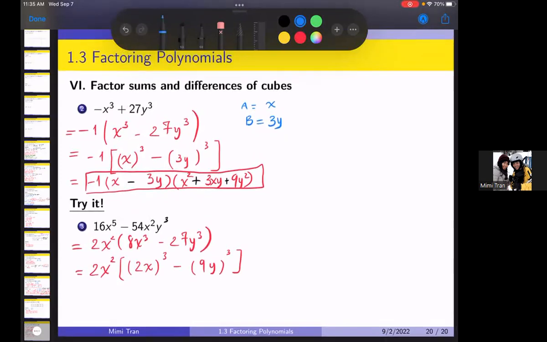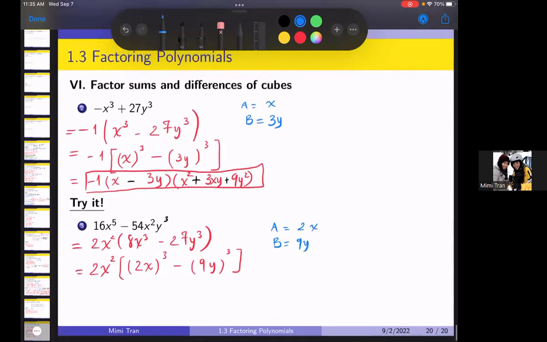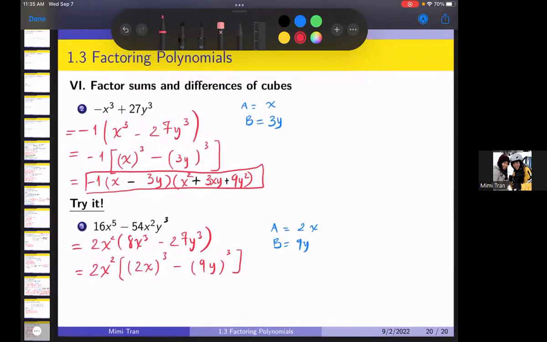What is my a? What's my b? Does it help to recognize your a and b? All right, so let's do the number first, we do the sign last. A is 2x, b is 3y. For the trinomial, a times a, 2x times 2x is 4x squared.